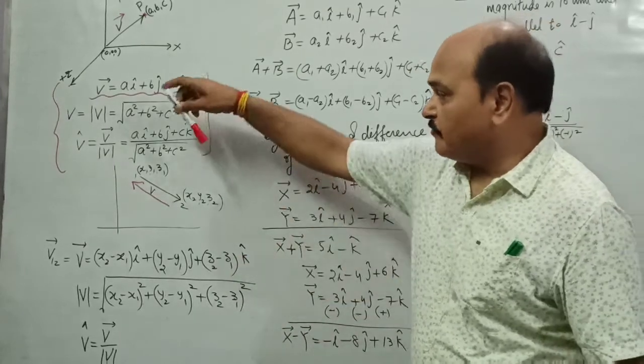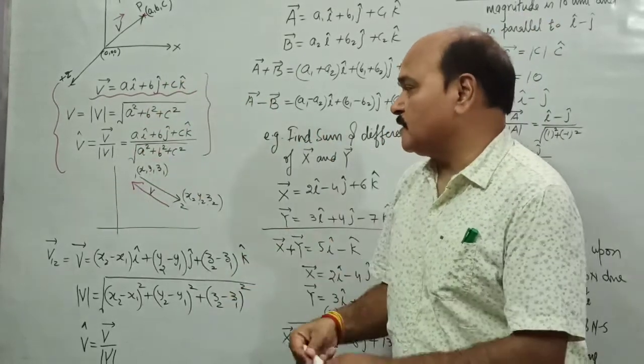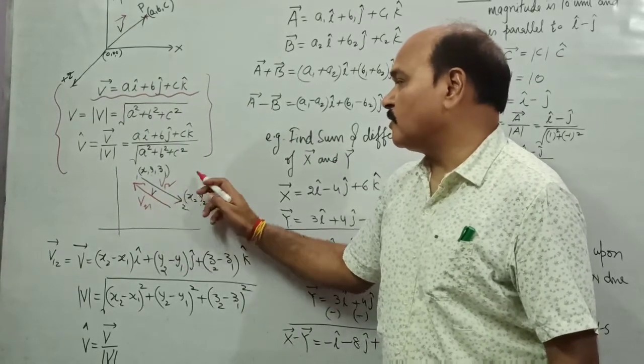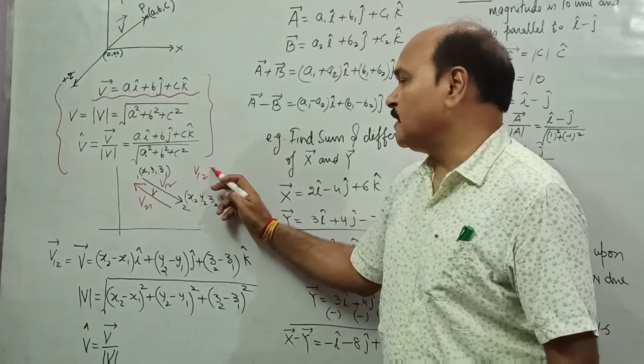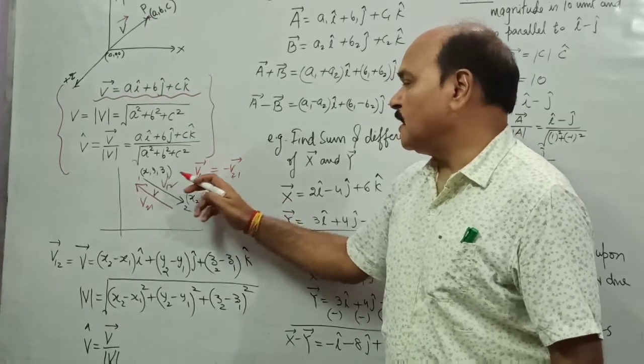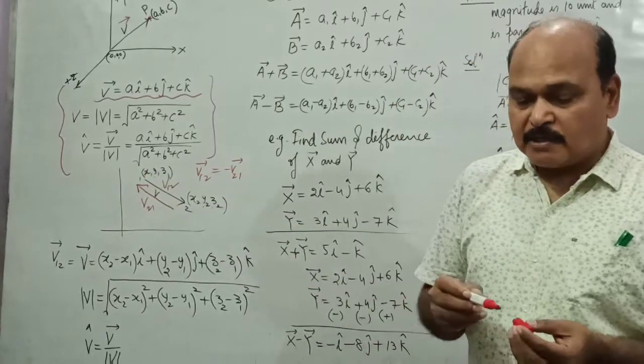So this is V12 and this is V21. They are equal and opposite. They are negative vectors of each other.